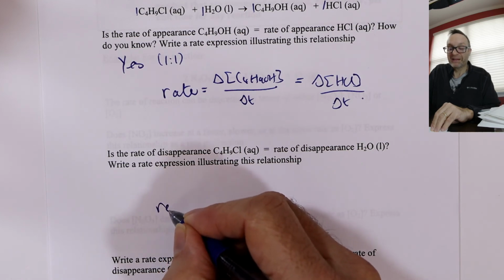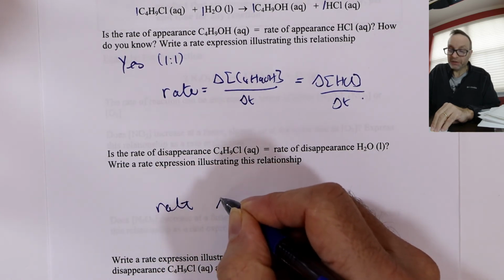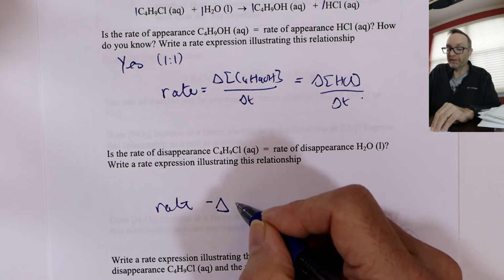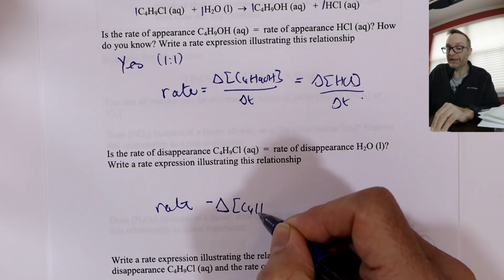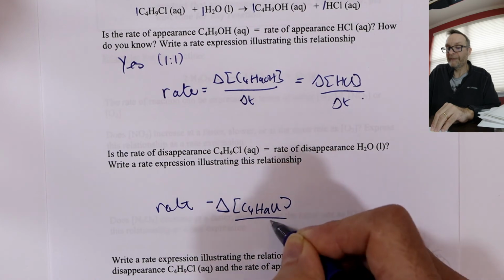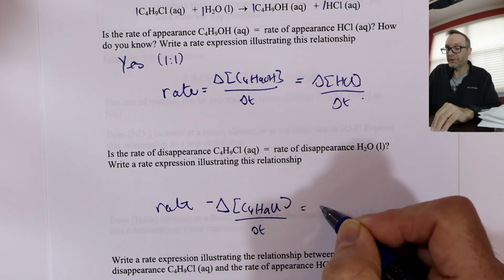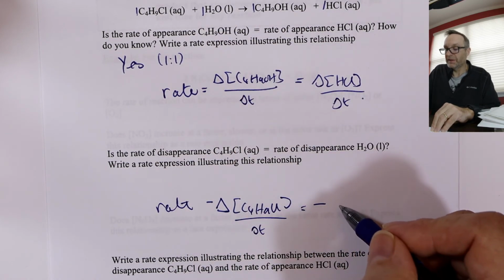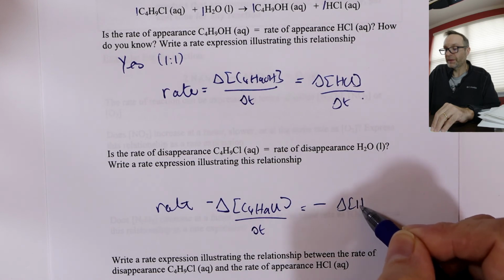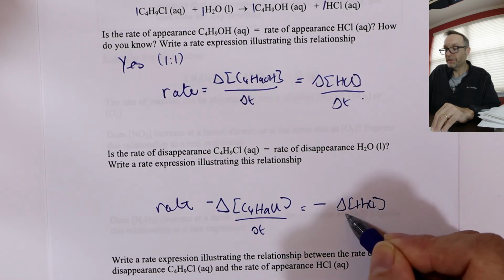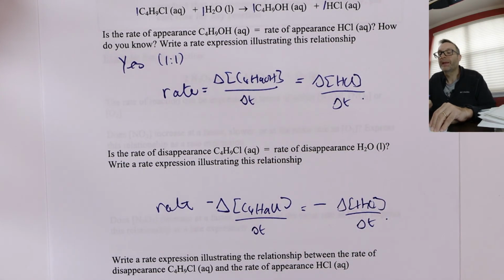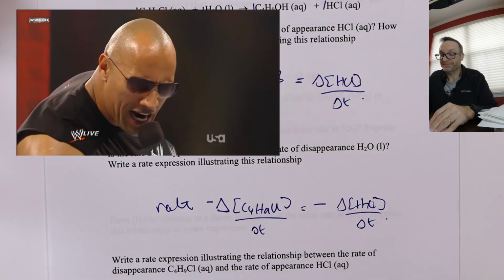All right, back. So rate, and you can put minuses in there because it's the disappearance: C4H9Cl equals, again a reactant, minus H2O.